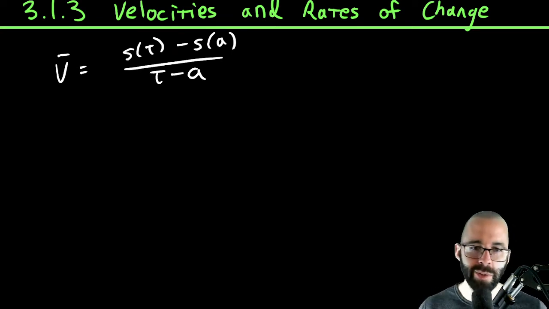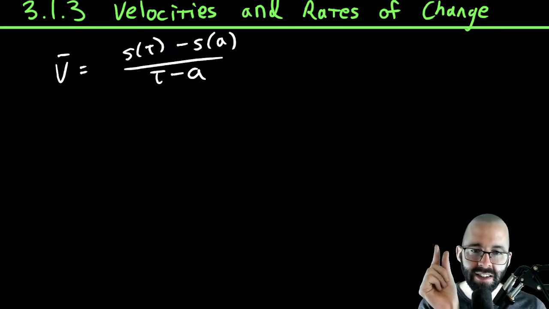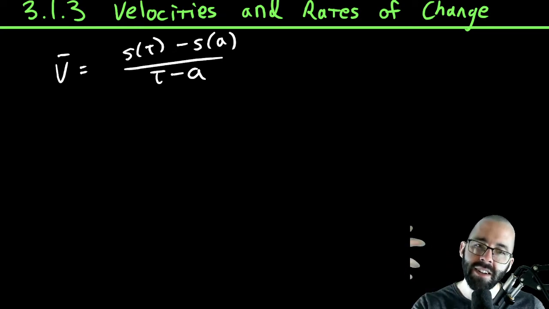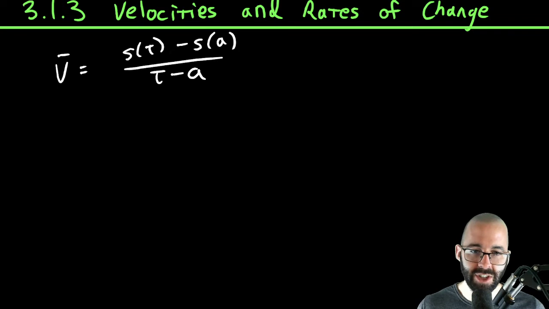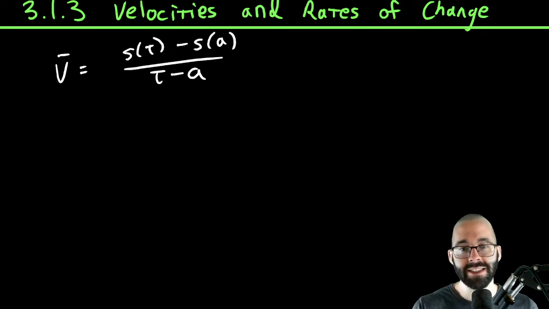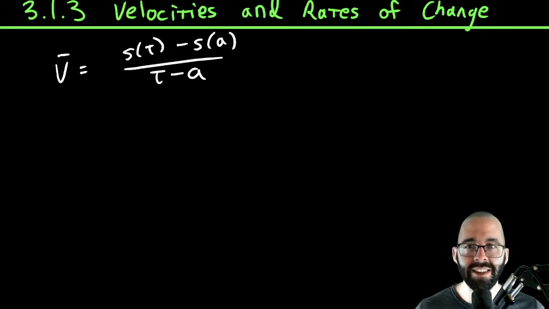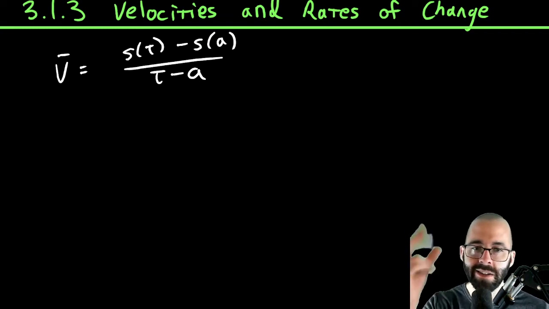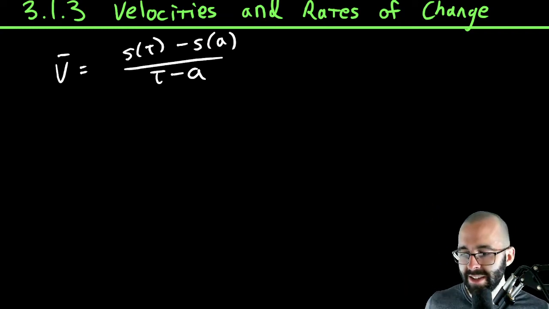Well, that's exactly what we've been doing in 3.1, right? Average rate of change, difference quotient, secant line, as that gets really small, that limit is instantaneous rate of change, the instantaneous velocity. This is really just using everything that we've talked about and slamming them together.